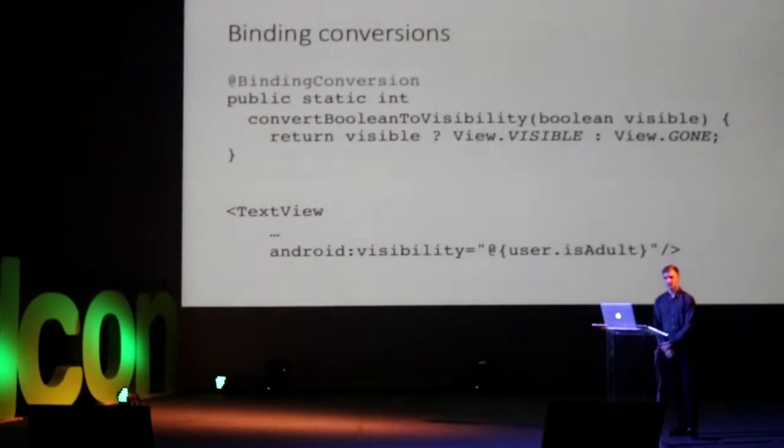The downside of this is that it is global for your entire project. As soon as you create a binding conversion that goes from Boolean to int, you've used that one. There's no way to make a second binding conversion from Boolean to int. But this is really useful if you want to keep your presenter or view model really clean.